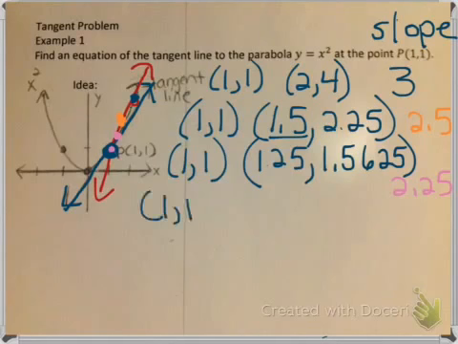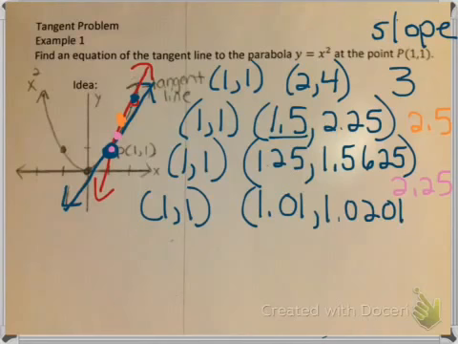Take (1, 1), and if I get even closer and find the slope between (1, 1) and (1.01, 1.0201). So all of the y values I'm finding by just squaring the x values. These are all points that are on the parabola. If I find the slope between those 2 points, it actually is 2.01.